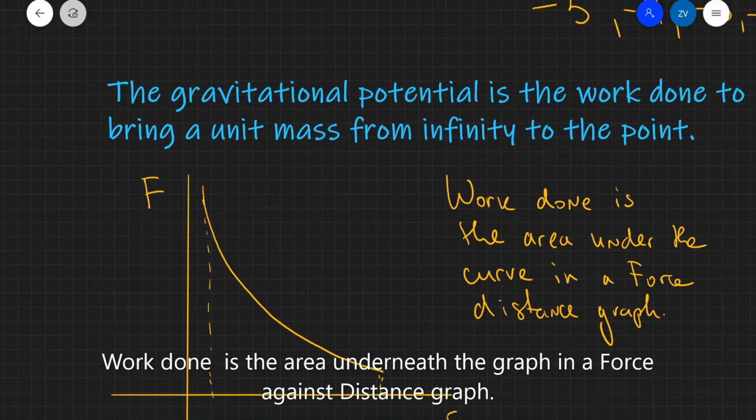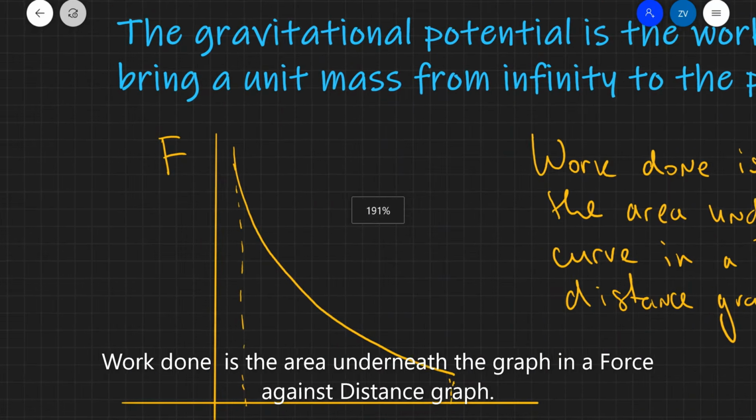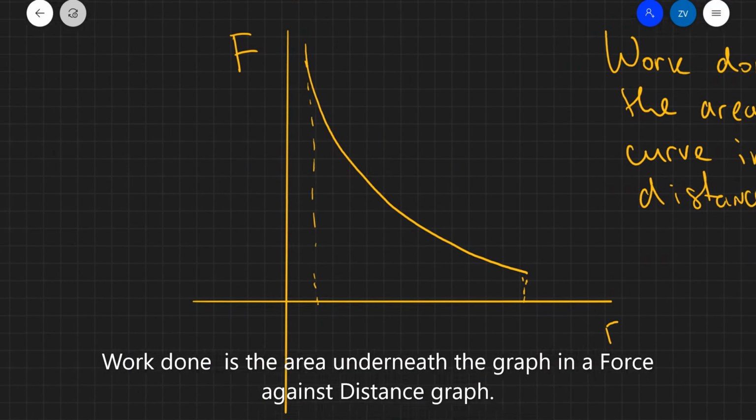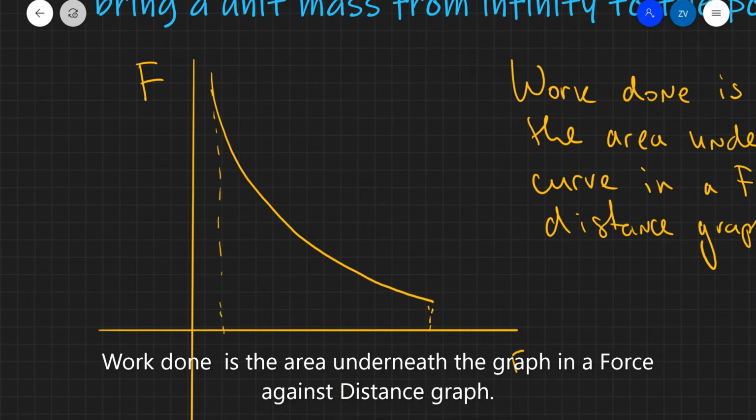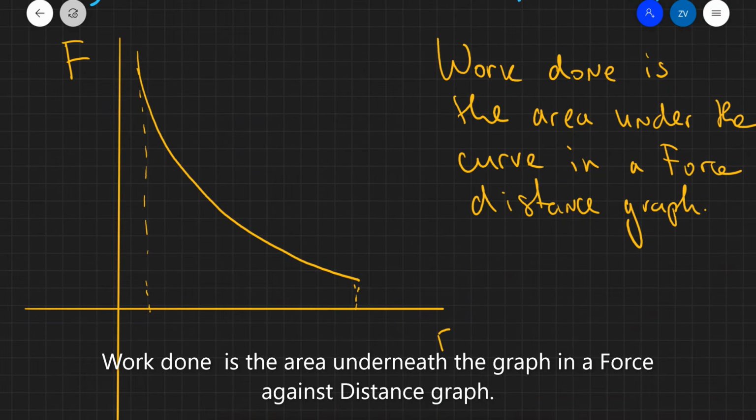Now let's think a little bit more carefully about work done. If I have a graph with the force on the y-axis and distance on the x-axis, I can actually find my work done, because work done will be the area underneath a curve in a force distance graph. And this is really important.